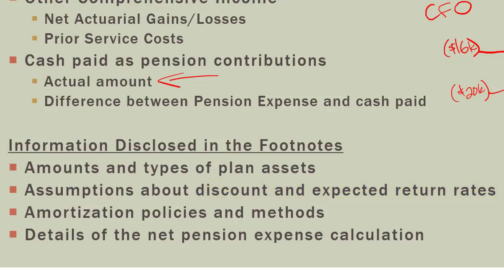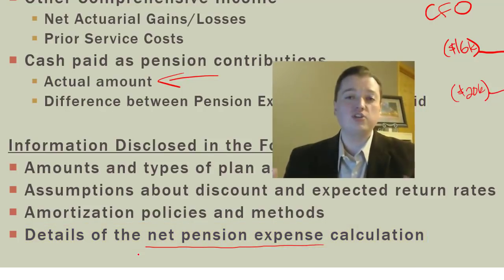And we also talk about how we're amortizing some of these future costs. And we'll talk more about that later, but just be aware that you have to disclose some of your calculations on how you got to the numbers that get you to this pension expense. And that's the big piece here, is we're showing enough information that you can see what pension expense is going to be.